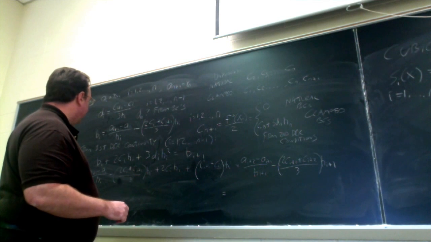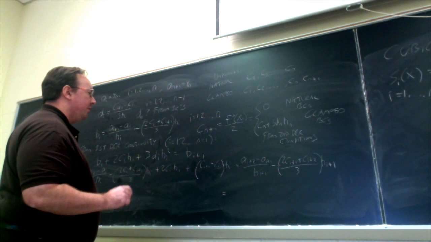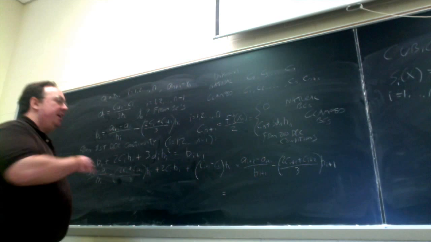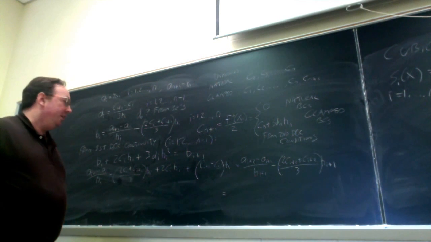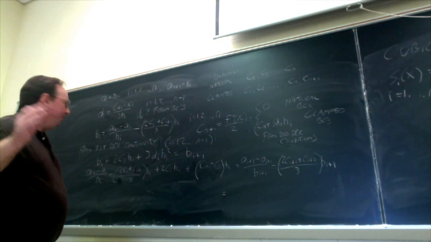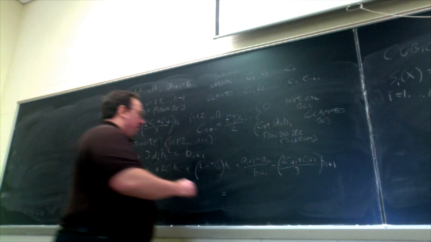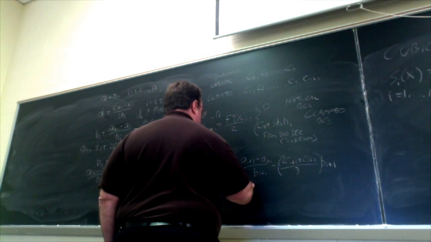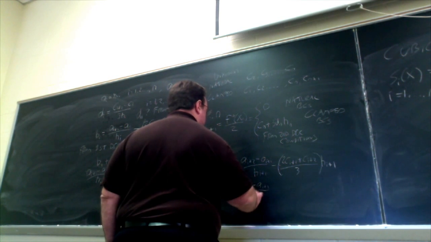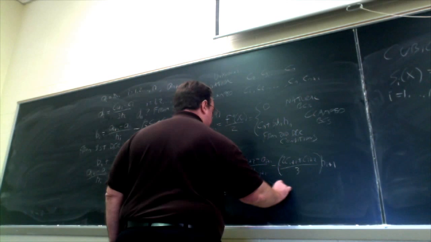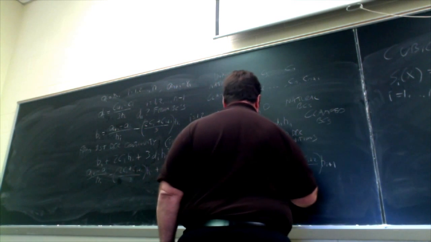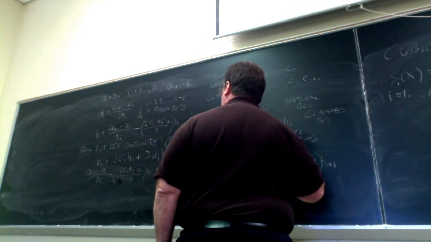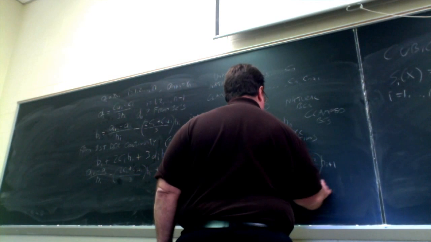I don't have any other immediate cancellation, but now I'm also going to multiply everything by 3, because I hate fractions. So on the right side I'll have 3 times (a_{i+2} minus a_{i+1}) over h_{i+1}, minus that, so I'm going to have 3 times (a_{i+1} minus a_i) over h_i.